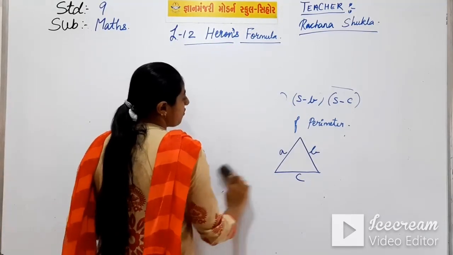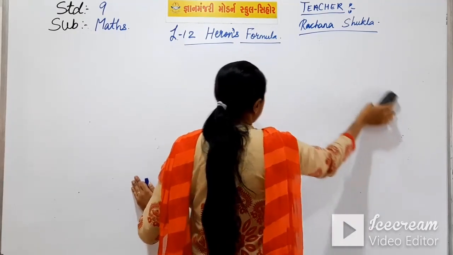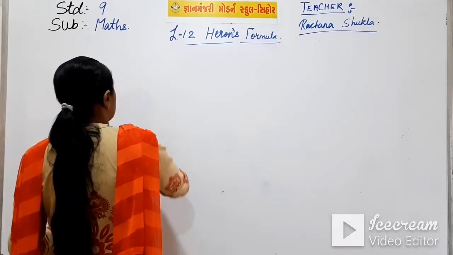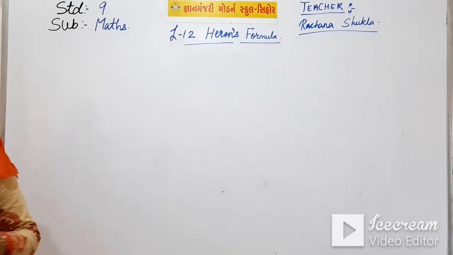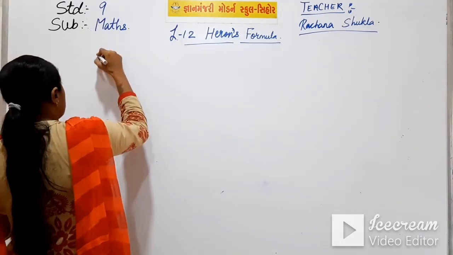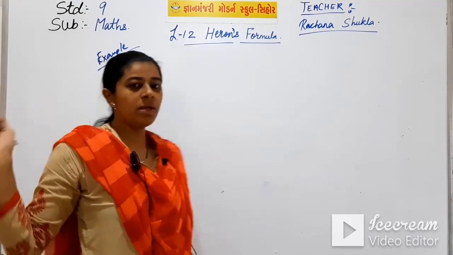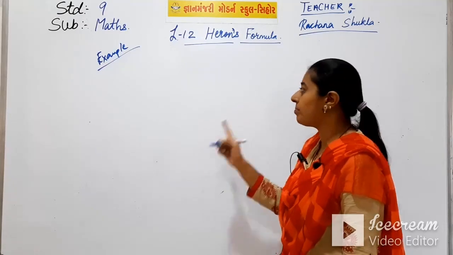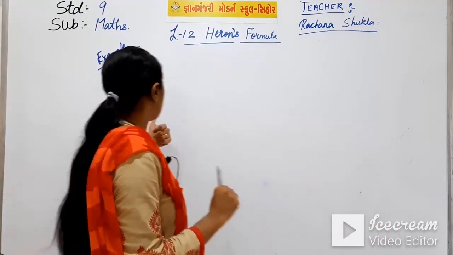First, I am giving you a very simple sum. You have to find out the formula and solve the sum of area of triangle. Example. This example you will write down in your example book.